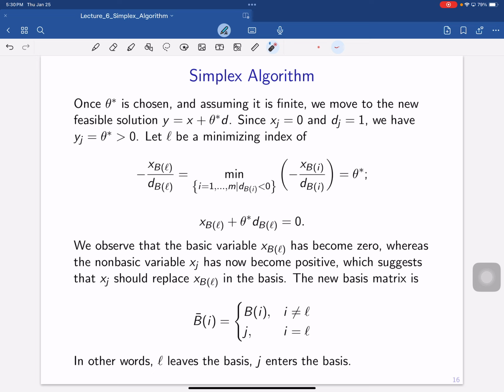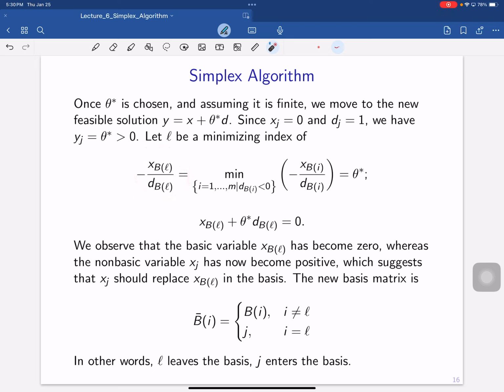If this index L achieves the minimum here, you are hitting the boundary using index L, and that means this variable with index L will go to 0.